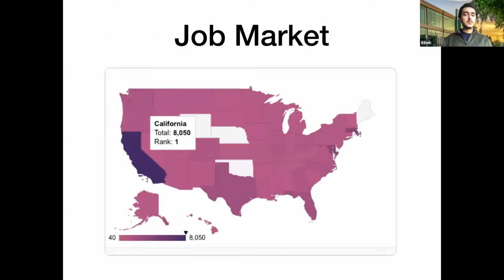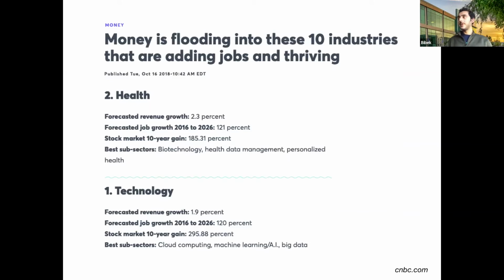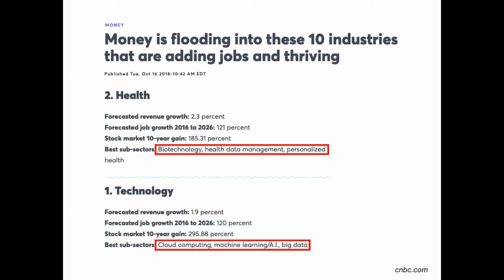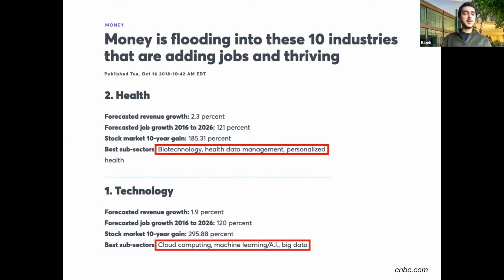Okay. Yep. So if you look at the specific fields in healthcare industry, the areas that are seeing the biggest growth are data management, personalized health, biotechnology, the very fields which are directly intersecting with bioinformatics. And when you look at technology, it is all these emerging technologies as well.